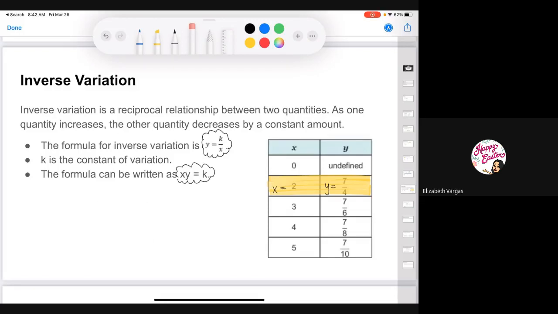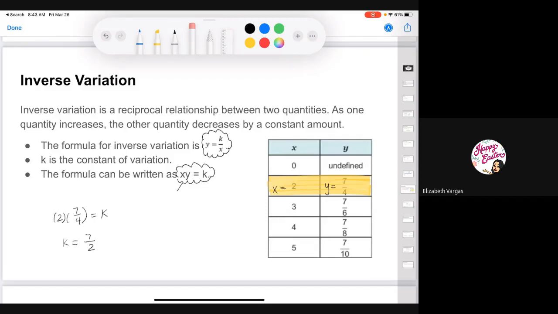Another way to do it is if I wanted to use my other equation, this one right here. I would just do the same thing, plug in. So I have 2 times 7 over 4 equals K. That's basically what I did. 2 times 7 over 4 means that my K is, again, equal to 7 over 2.